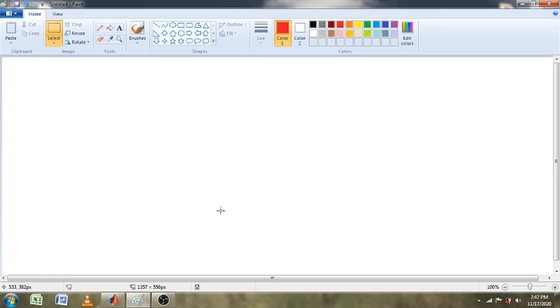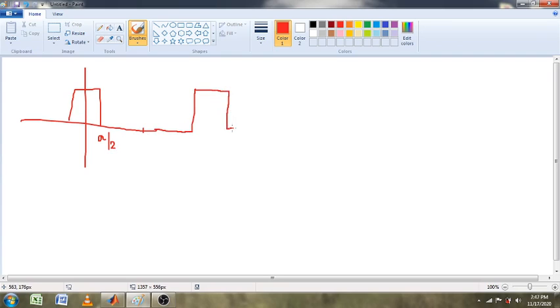First, let's see why we are at all interested in letting T tend to infinity. What's the significance of that, or why is it necessary? If you have a signal like the one we plotted in the last screen, and we say this is going to repeat after time T, let's say this is T by 2 and this is T. If I keep on increasing the time period, what will happen?